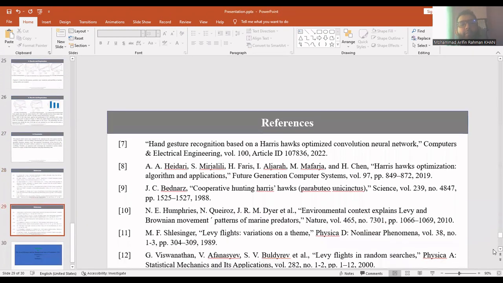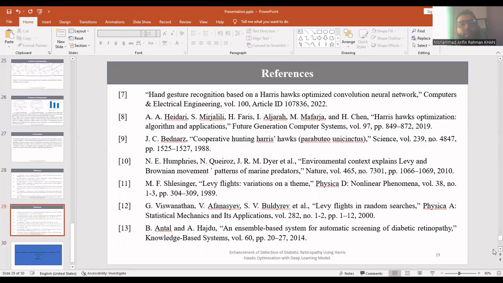Here, I have to edit reference numbers 7 up to 13. I would like to edit here the reference year of 2022, as well as a few references I have to attach from the years 2014, 2000, 1989, as well as 2019.